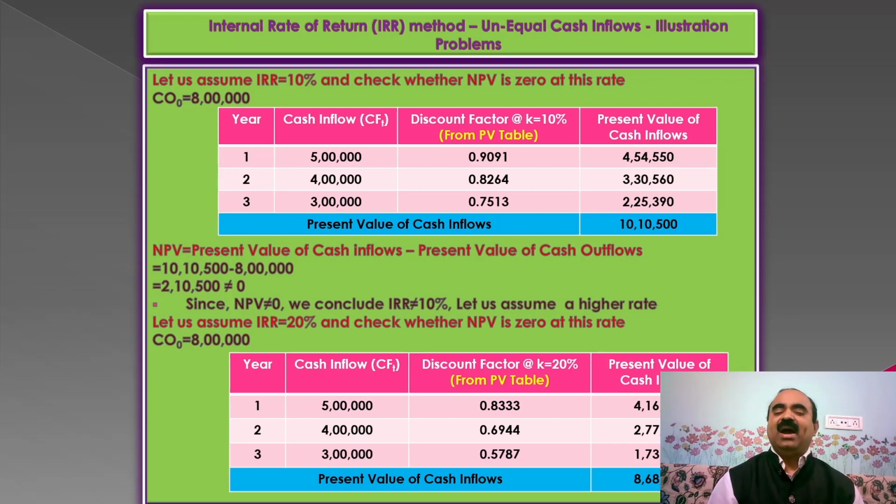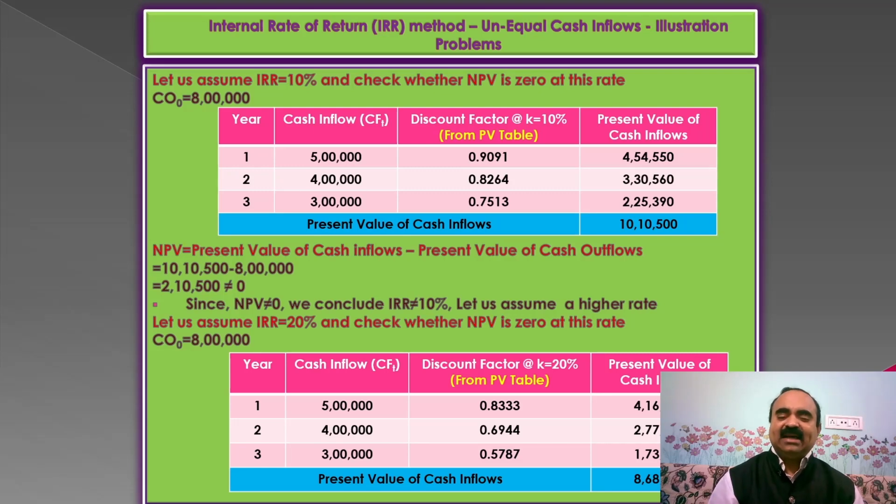Let us assume a higher rate. Let us assume IRR is equal to 20% and check whether NPV is 0 at this rate or not. I had shown CO0 is equal to 8 lakhs on the top of the second table, and I had used a 4-column table as I have used earlier.